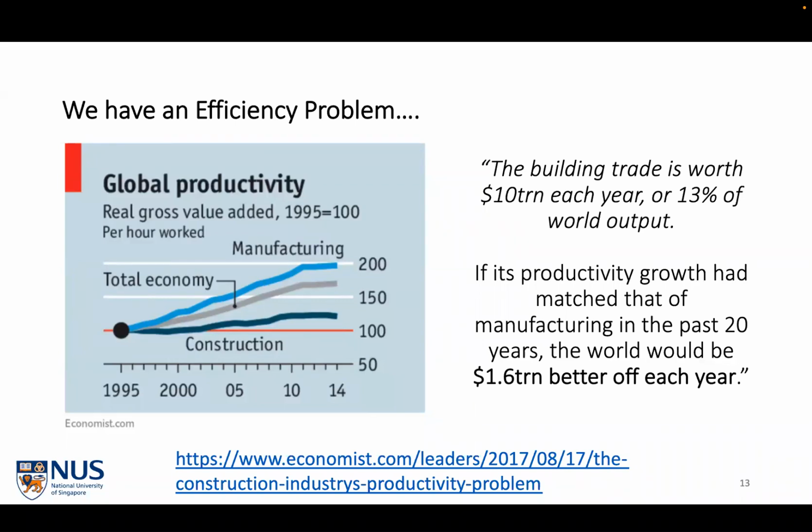And the construction industry is still just barely nudging its efficiency levels up year by year, even somewhat peaking in the last 10 years. So an Economist article from a few years ago said that we would be $1.6 trillion of value better off if the efficiency had even just matched the productivity growth of manufacturing, basically, is what the comparison is.